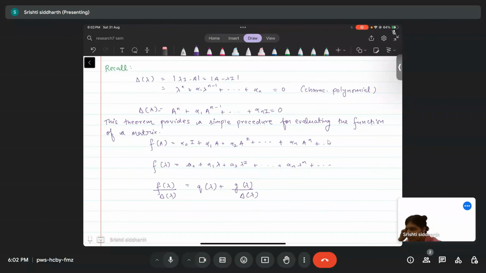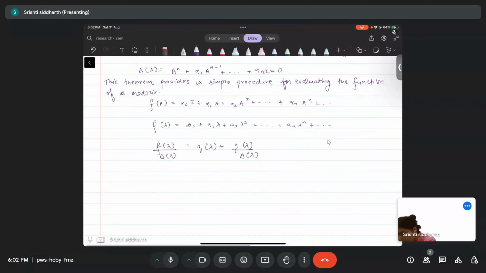Alright. So where g lambda is the remainder, and the remainder is going to be of a degree less than n, right?